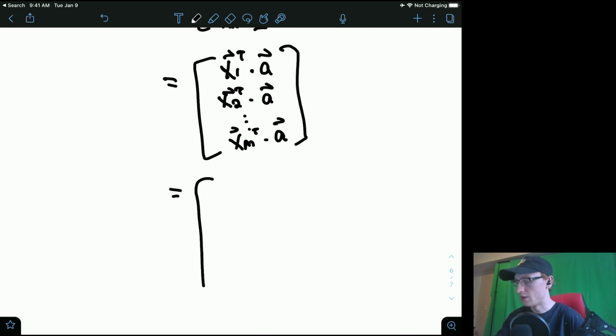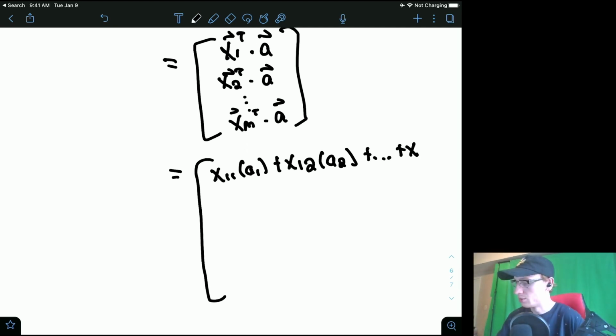So if we turn the dot product into what it actually means, it's x1,1 times a1 plus x1,2 times a2 plus dot dot dot until how many columns do we have? Well, it's still the first row, but then n columns.